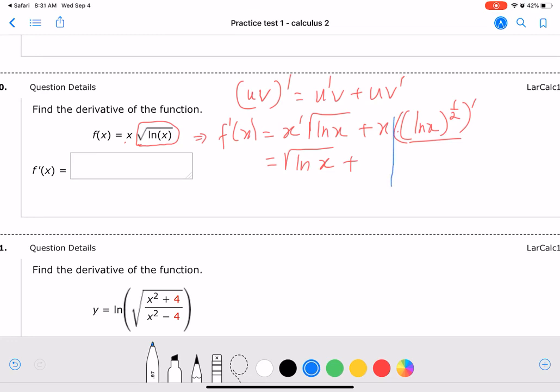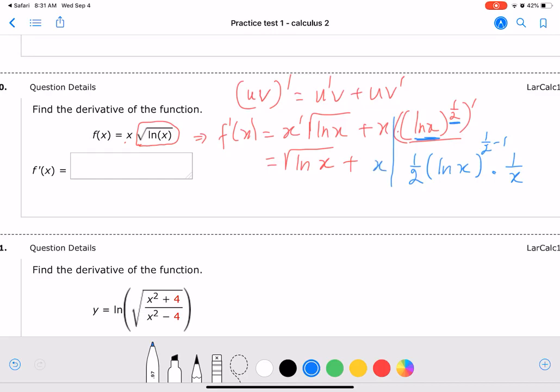I will apply the chain rule. First I apply the power rule, because the power is the outside function. 1/2, and for the power rule, I have to reduce the power by 1. And then I just copy ln of x, and multiply with the derivative of ln of x, which is 1/x. That's it.